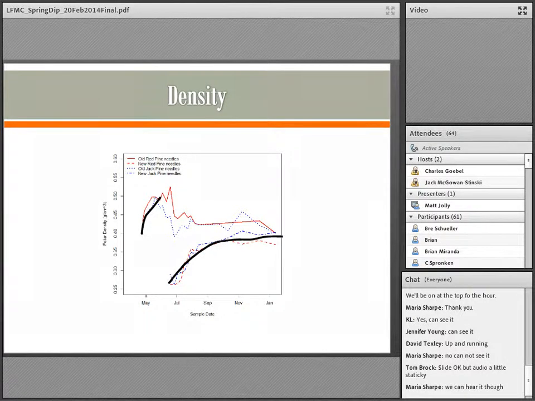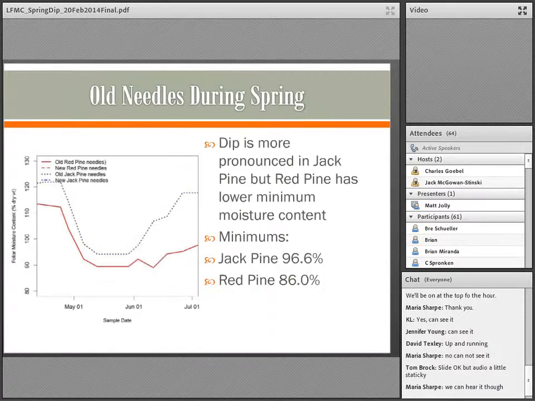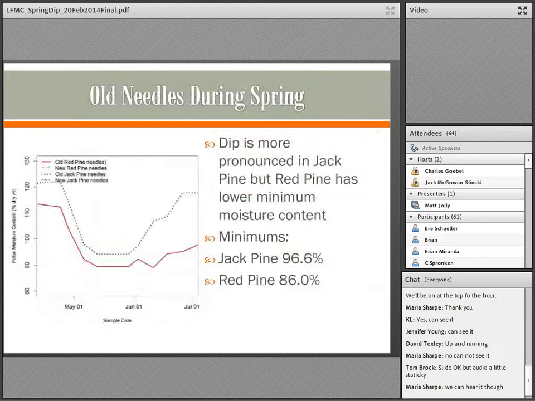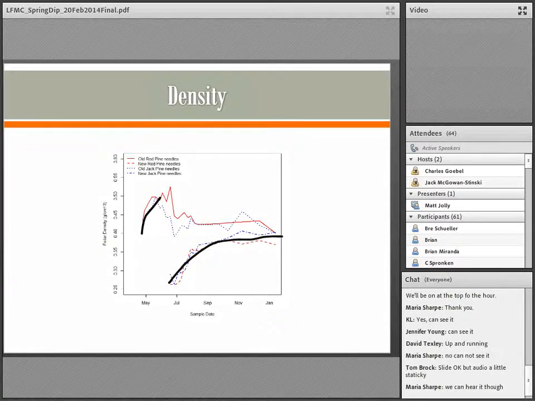Because if we take this picture in our mind and flip it over, and go back to that slide, you'll see that it's nearly the same thing, just in reverse. So as the density increases, the moisture content decreases. So these things are inherently linked.